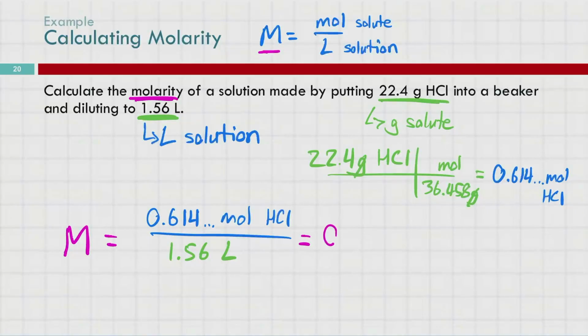So our molarity is 0.393 capital M HCl. We would pronounce the M here molar, so 0.393 molar HCl.